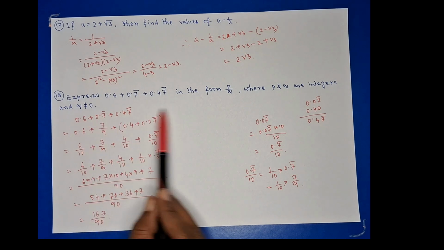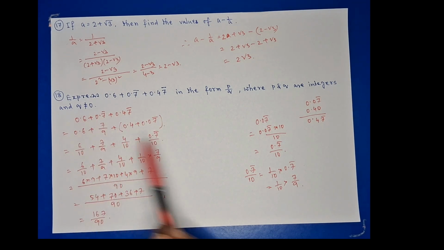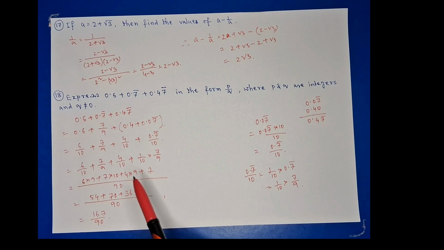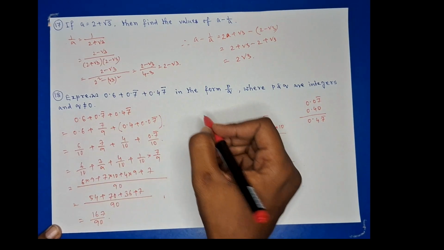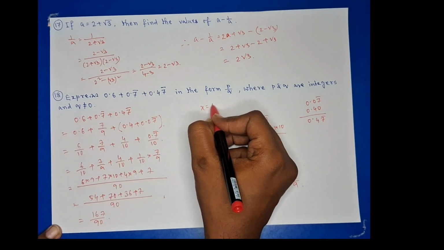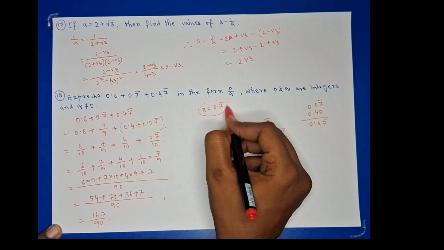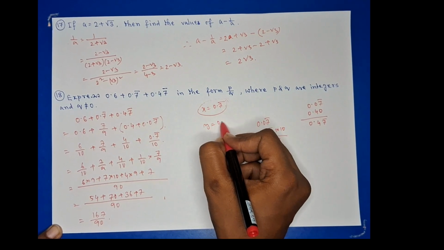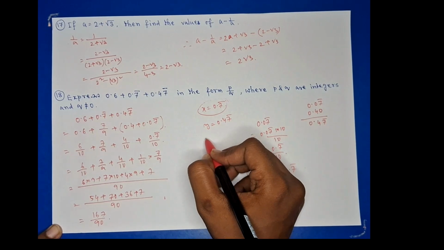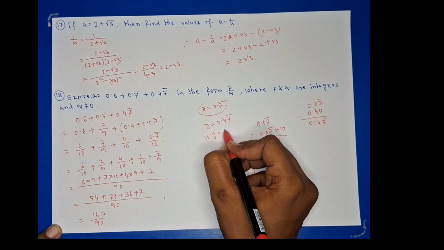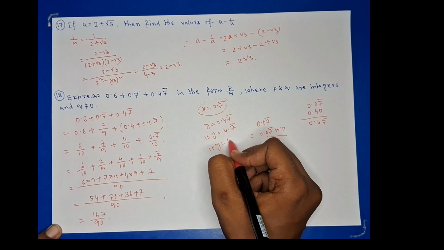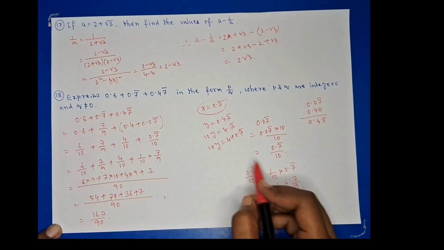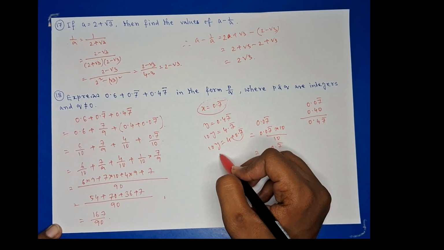This looks difficult, but this is not a very difficult problem. If it is a long answer type question, then you have to separate these three parts. You have to say that suppose x is equal to 0.7 bar, and then you have to solve this part, and then y is equal to 0.47 bar, then again you have to do 10y is equal to 4.7 bar, or 10y is equal to 4 plus 0.7 bar, then again solve it and write like that.